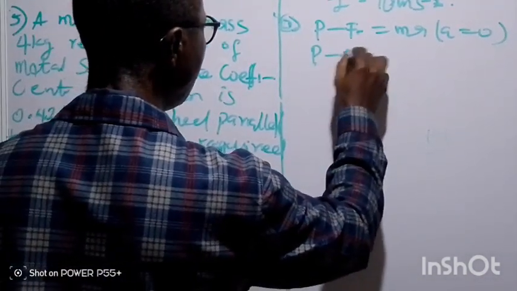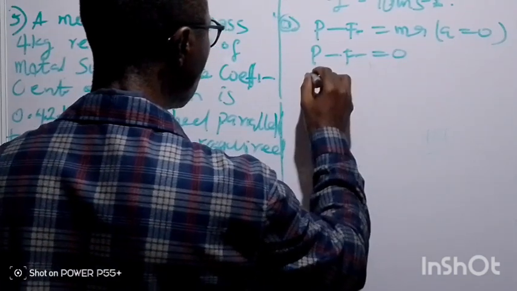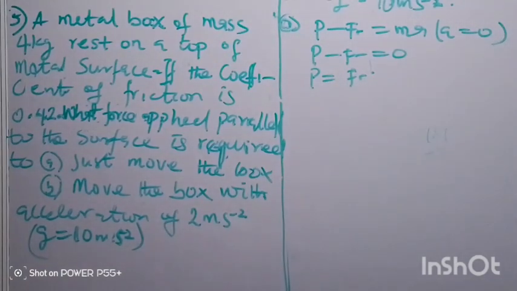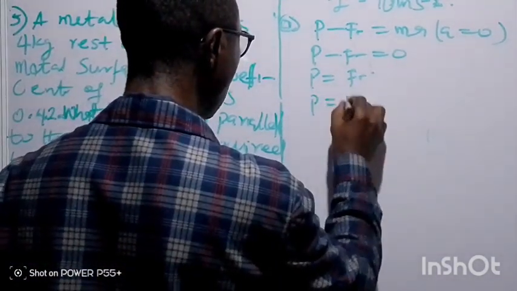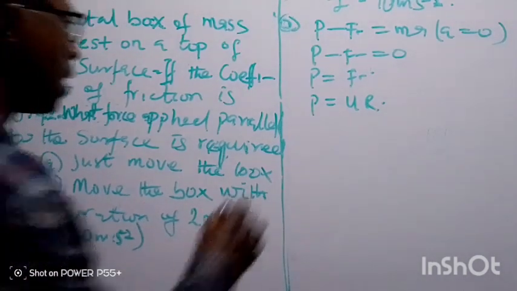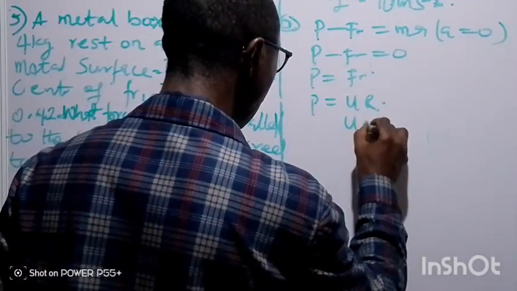So P will be equal to Fr. And Fr is what? That will be equal to mu R. Mu is given, then R is indirectly given. So we can say mu mg, since normal reaction is equal to W and W is equal to mg.